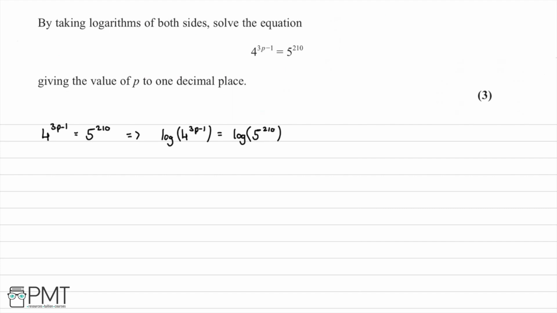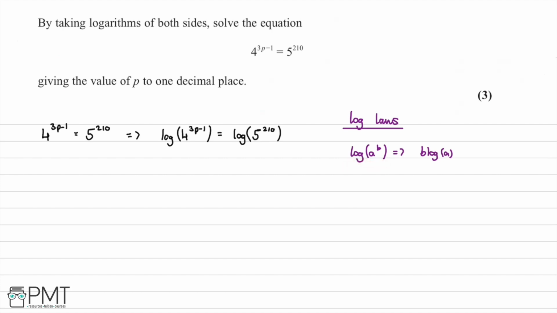So then what we can do now is use log laws. So I'm going to note down the log law that we're going to use. If we have log of a to the power of b, then using the log law, we can say that b log of a is the same as log of a to the power of b.